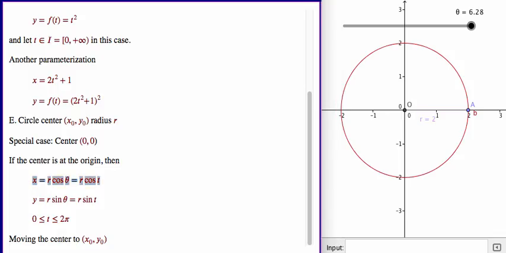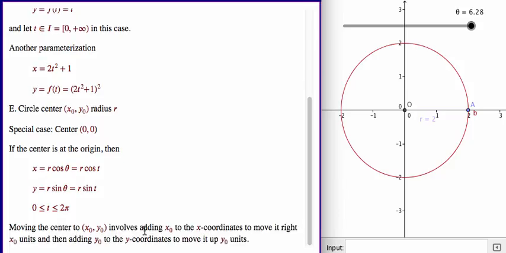So let's just put that in words. And by the way, if you move it vertically up, then you're adding y0 to the y coordinates. So moving the center involves adding x0 to the x coordinates to move it right, and then adding y0 as the y-coordinate to move it up.